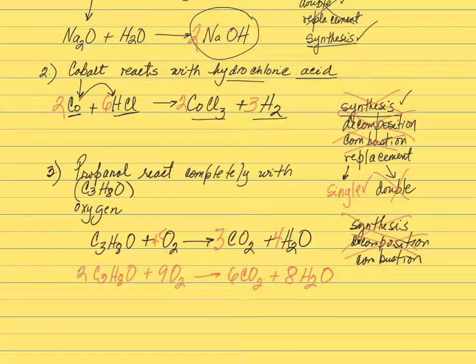Okay, so I have 6 over here, 6 over here. I have 18, and then 2 plus 18 is 20, 12 plus 8 is 20. But still, if you don't know how to balance chemical equations, you have to watch that video too.